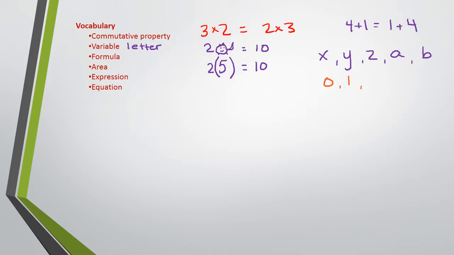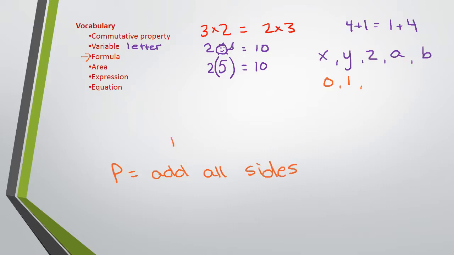All right, formula, that's a recipe. So we're talking about the formula for area and perimeter just on the previous slide. So this is how we write a formula. Add all sides, okay?